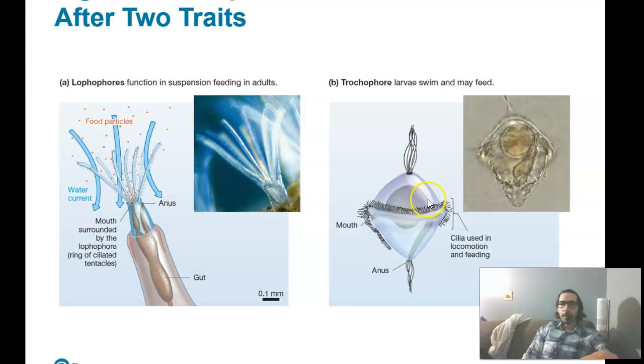Then over here you can see a trochophore larva with the cilia around the middle. So the cilia again, the main function is for swimming. So it allows for the larva to disperse to different locations, different habitats. Okay, but it can also be used for feeding.